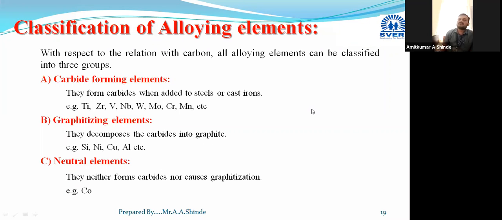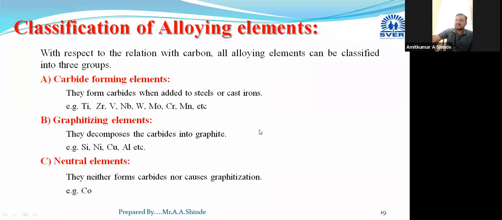Note the meaning of carbide forming elements: the alloying elements which, when added into the steel, combine with the carbon and form their respective carbides. Suppose you have added chromium, then it will form chromium carbide. Suppose you have added vanadium, it will form vanadium carbide, like that.